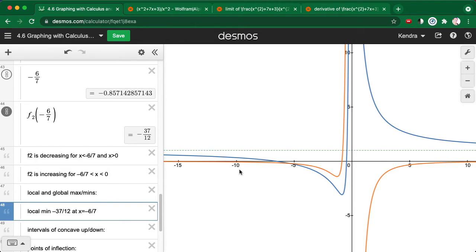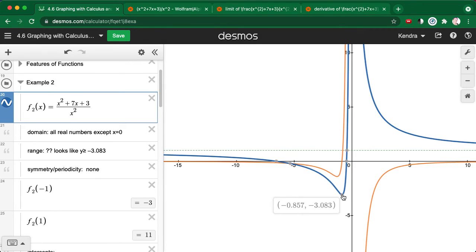And then since f is a strictly decreasing function for x to the left of negative 6/7, as I go backwards on the graph, the function would be increasing. So this actually tells us that this is the global minimum.